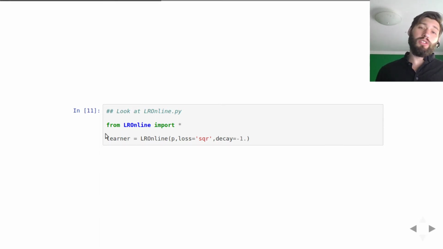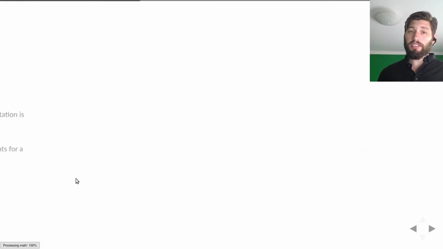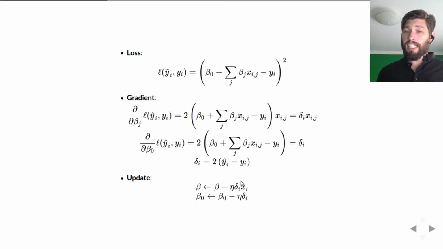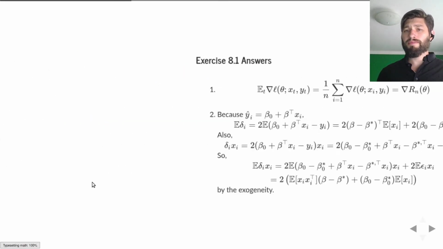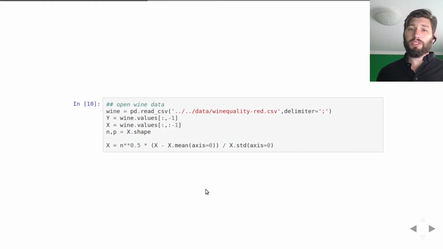You can either look at it now or afterwards. This decay term is going to determine how that eta changes over time. The eta is that learning rate. Here's the eta. I'm actually going to make it change as we see more samples. This is called a learning schedule. We'll talk more about learning schedules in the future.